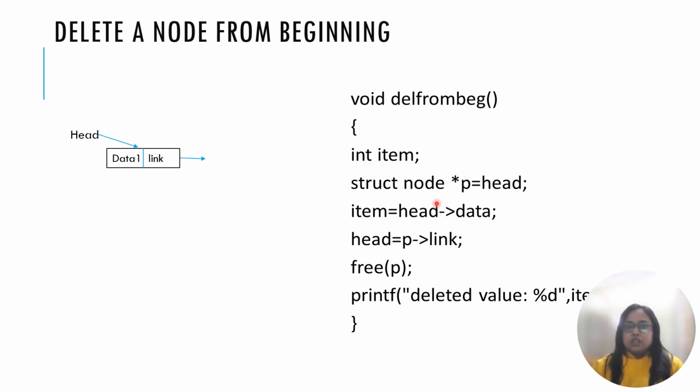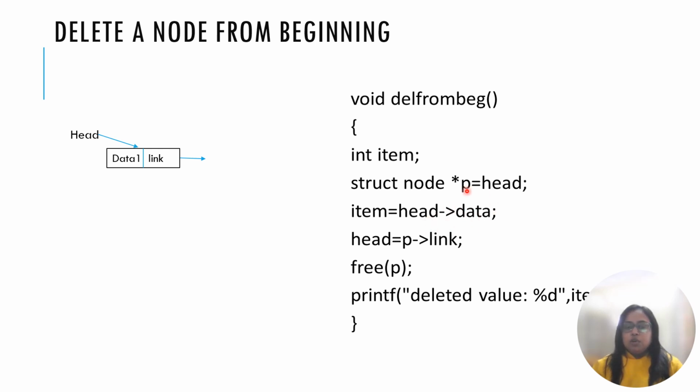So see, struct node star p equals head, and at first p is another pointer which will point to the head node itself. Then item equals the data, we collect the data item, because when we free the allocation, that node's data will be lost.